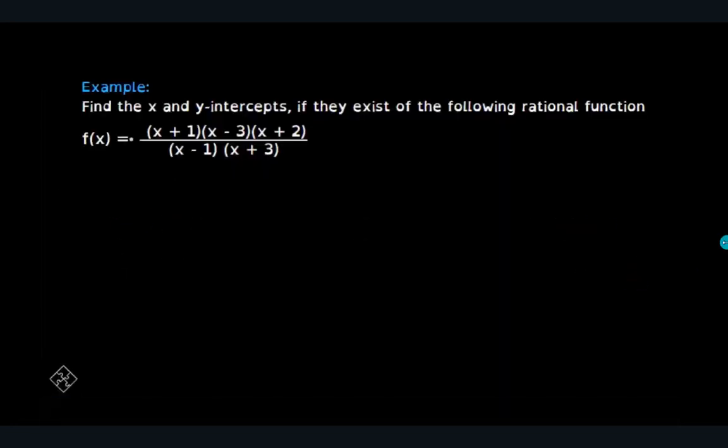So, let's have this example. So, we will find the x and y intercept of this example. So let's try. So f of x equals x plus 1 times x minus 3 times x plus 2 all over x minus 1 times x plus 3.